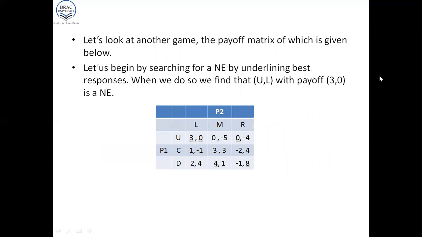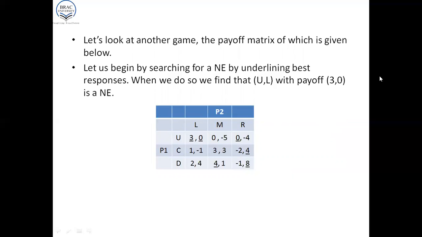Okay, so moving on. This is another game, and the payoff matrix is given below. Again, we have two players, and each player has three actions available to them. Player one has U, C, and D. Could be up, center, and down, we don't know. P2 has L, M, and R. It could be left, middle, and right, again, we don't know. And the payoffs are given.